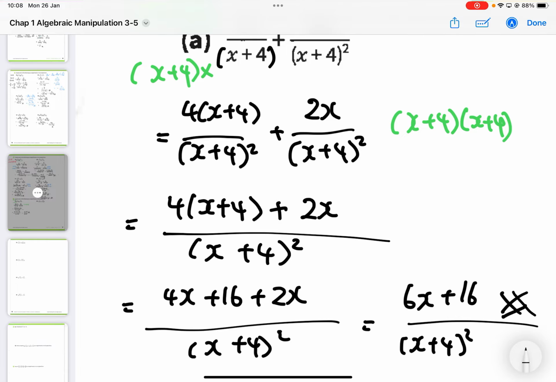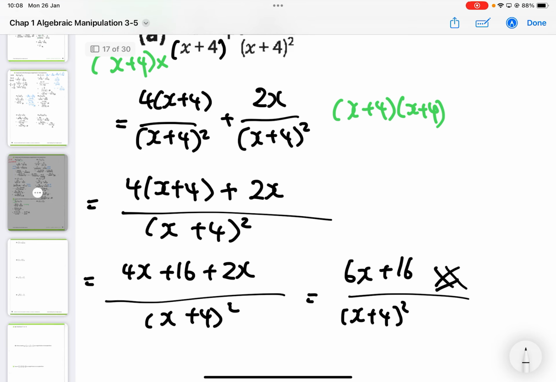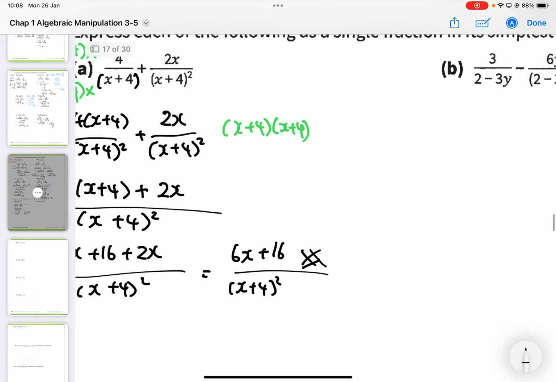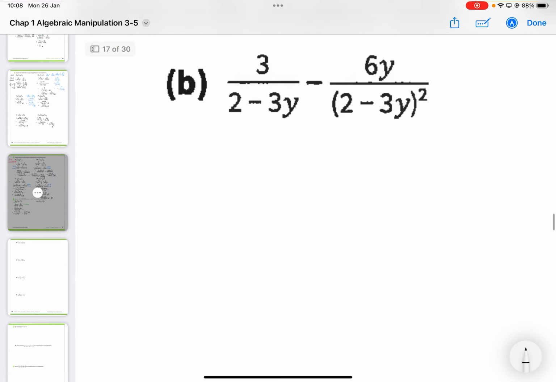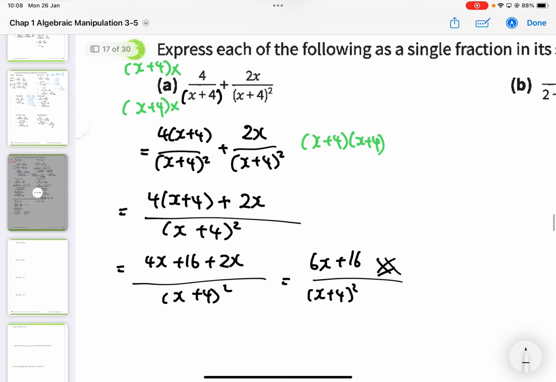Answer. Okay? So question 5 is not difficult also. They just want you to know that the bracket being squared is the bracket multiplied by itself. Okay? Can?